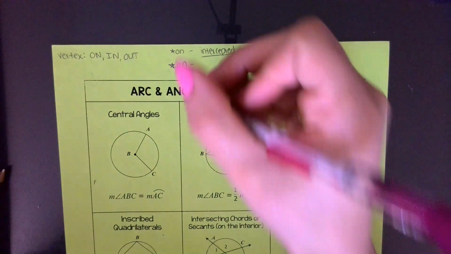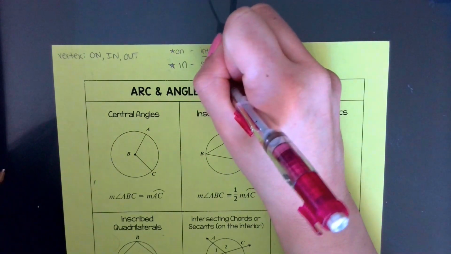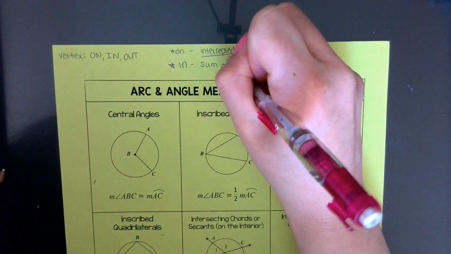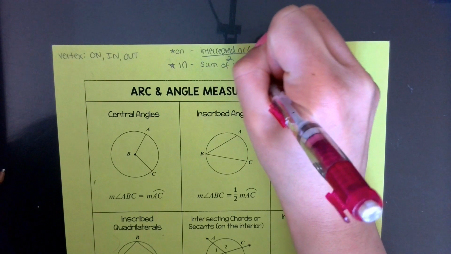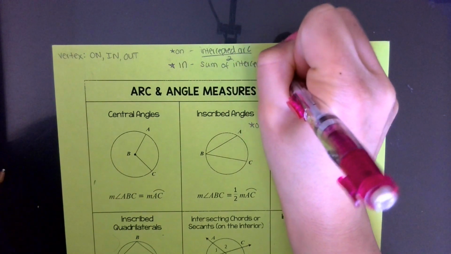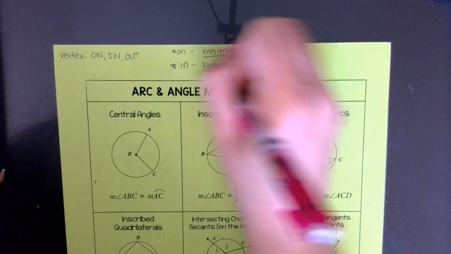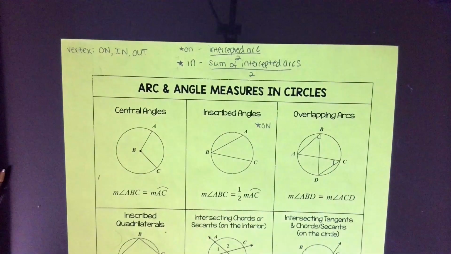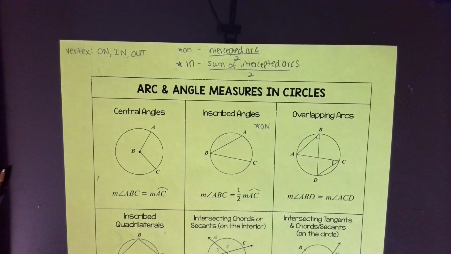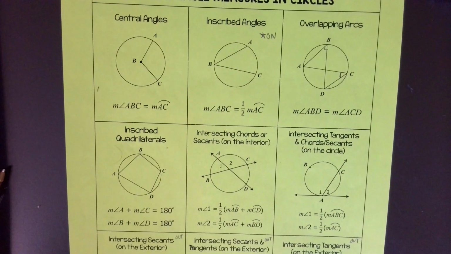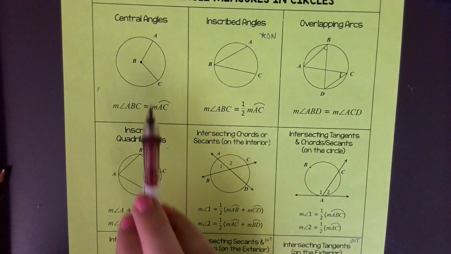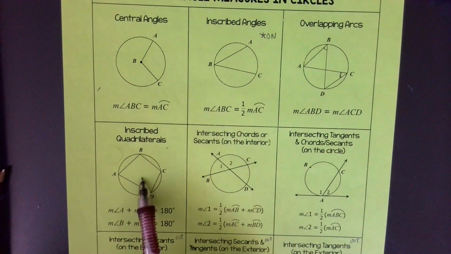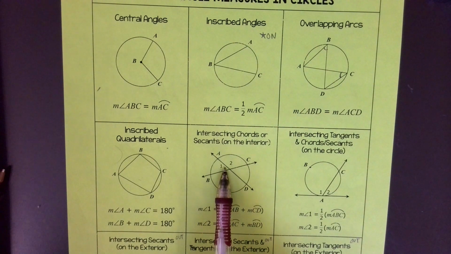So it's the sum of intercepted arcs, and again, you're taking half of it, divided by 2. On this reference sheet, we went over all these last time. Now we're here. If it's inside your circle, this is the one that we're going to do.